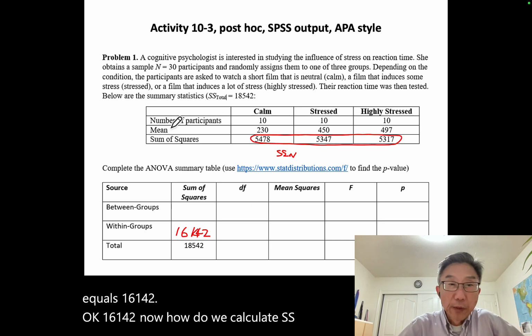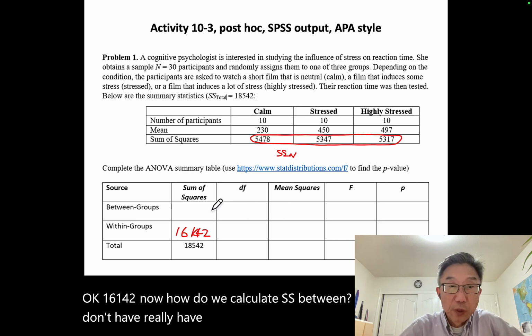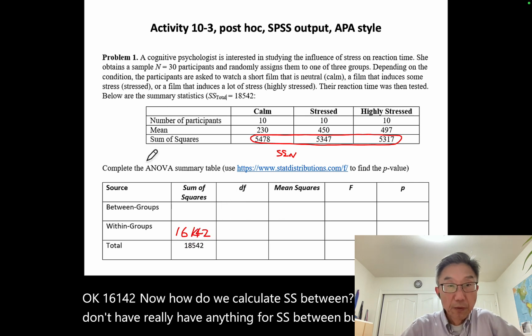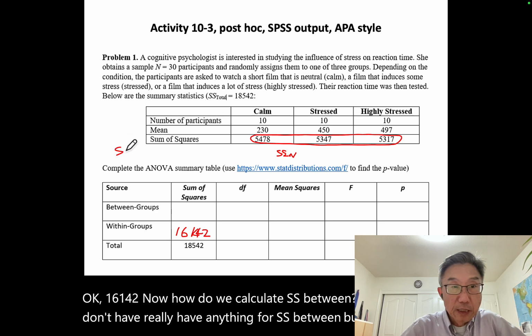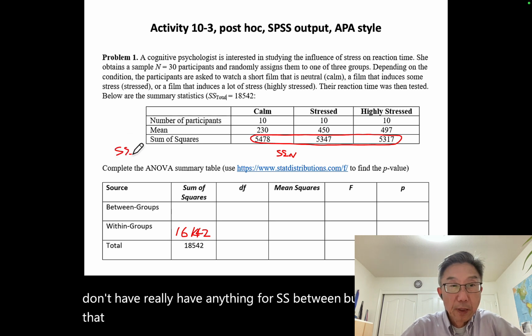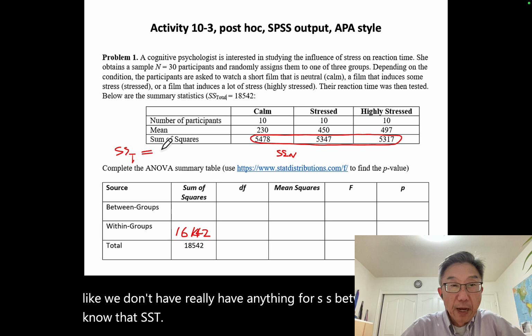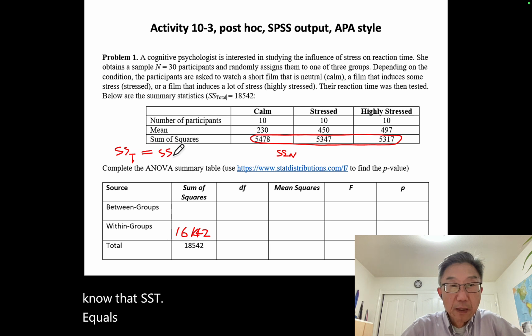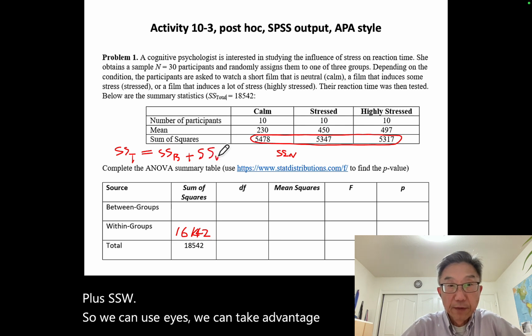Now, how do we calculate SS between? It looks like we don't have anything given for SS between, but we do know that SST equals SSB plus SSW. So we can take advantage of this fact.